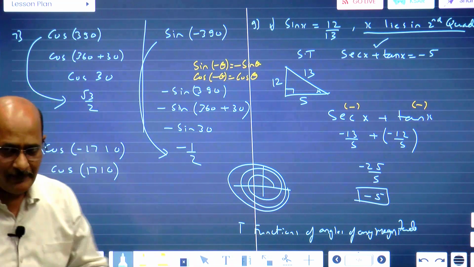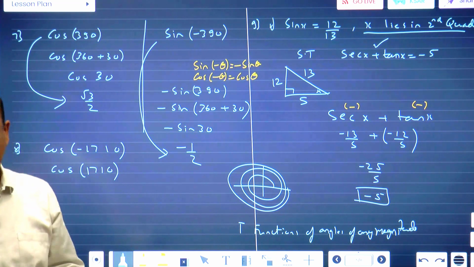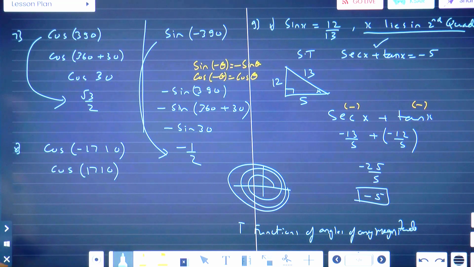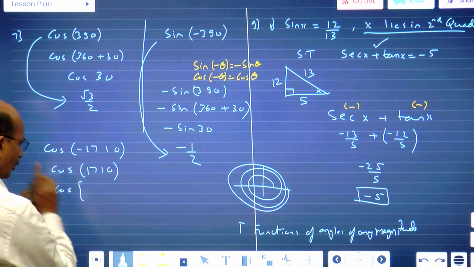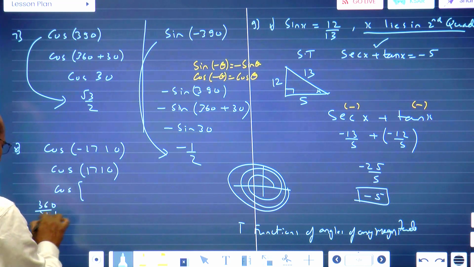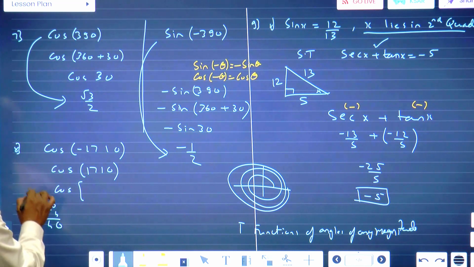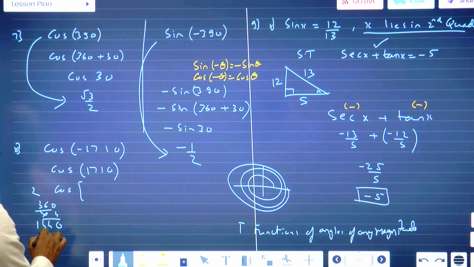So my best bet is to divide 1710 by 360. Can you write it in terms of rotations? How much is 360 into 4? 4 6s are 24, 4 3s are 12, 13, 14, so 1440. Similarly, if I add another 360 to it, 1800.